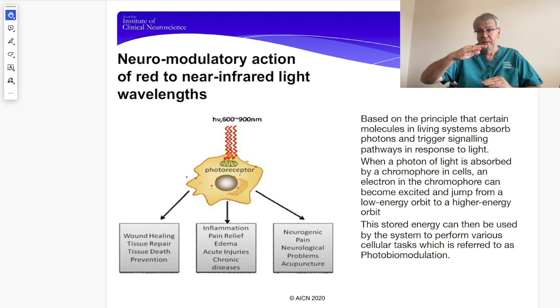So this is, in physics, a well-known phenomenon that has been studied for years, and so there's not much controversy around this. But we're just trying to give you a basic understanding of how this light coming in can produce chemical changes in the body. Okay?